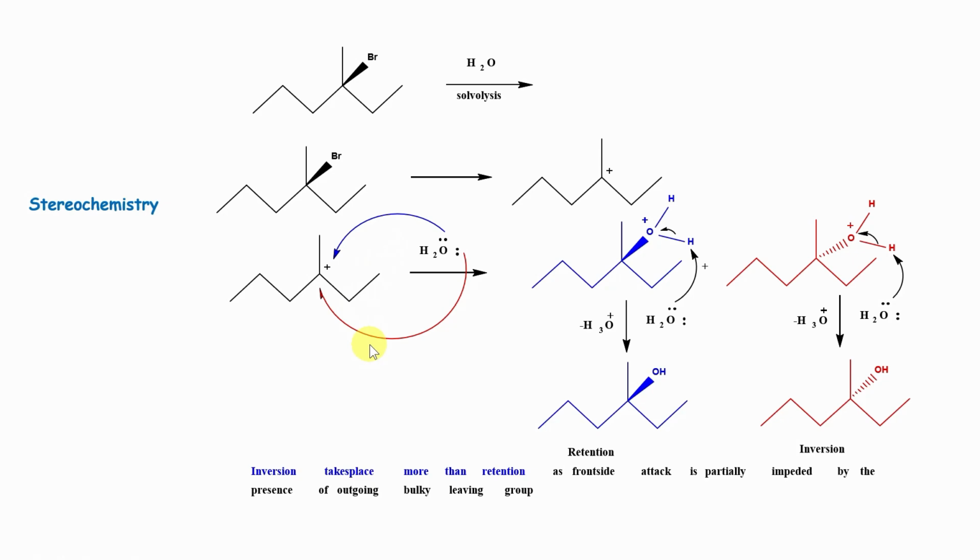So we had seen that in SN2 reaction only inversion of configuration takes place, but in SN1 reaction both retention and inversion take place. That is why we will get a racemic mixture. From the racemic mixture, the molecule with the inverted configuration is obtained as the major product. Okay, that is the stereochemistry of SN1 reaction.